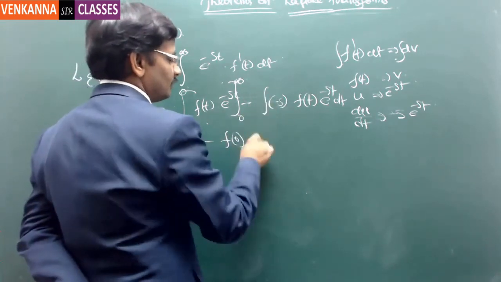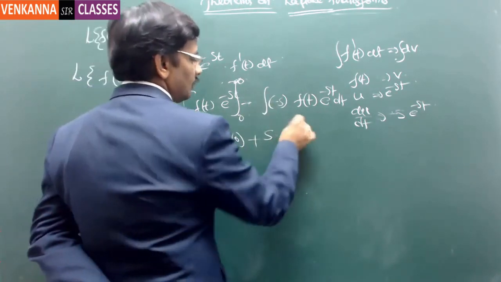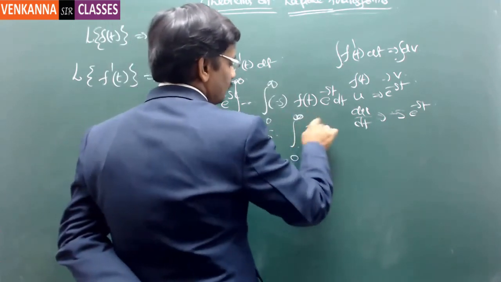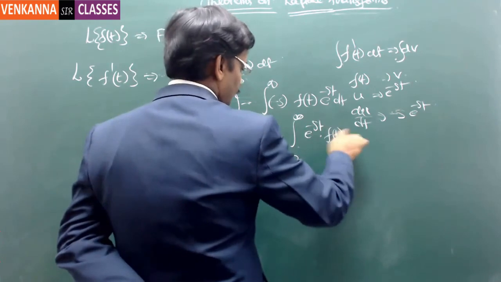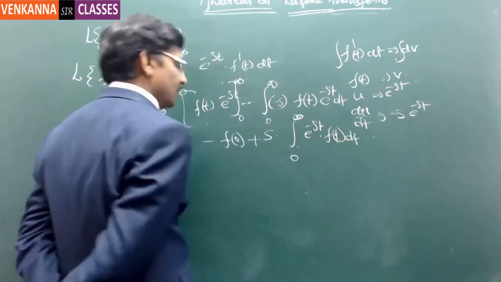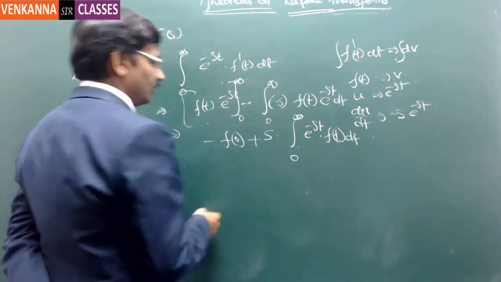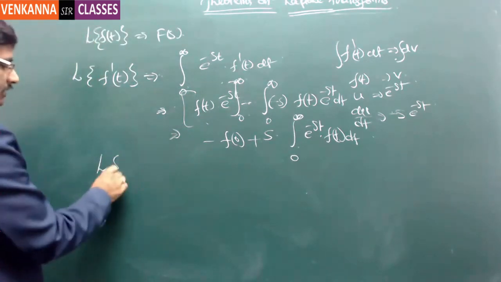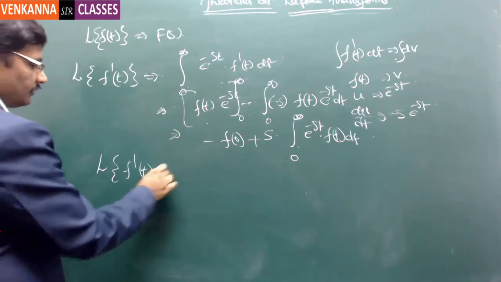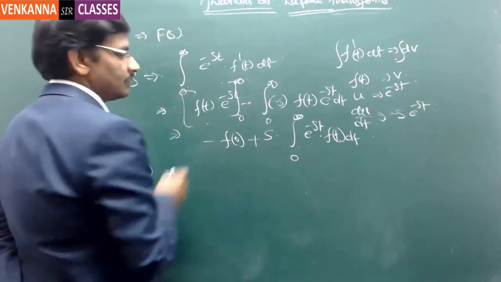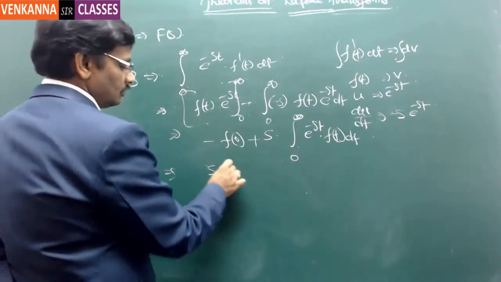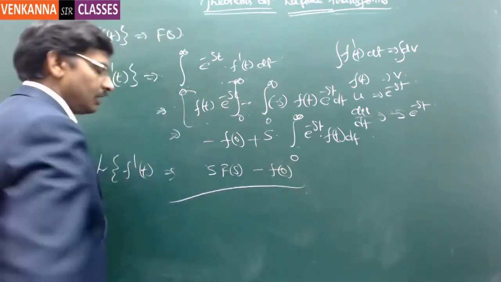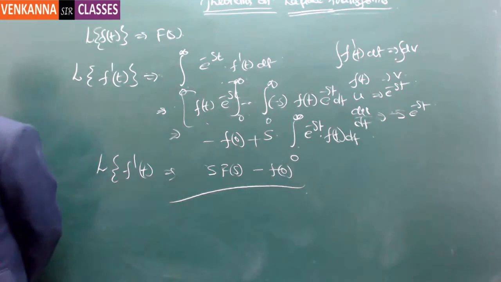Minus into minus is plus s into integral 0 to infinity e power minus st into f of t dt. So this is nothing but the Laplace transform of f of t. The Laplace transform of f dash of t is equal to s into F of s minus f of 0. This is the Laplace transform of the derivative of any function.